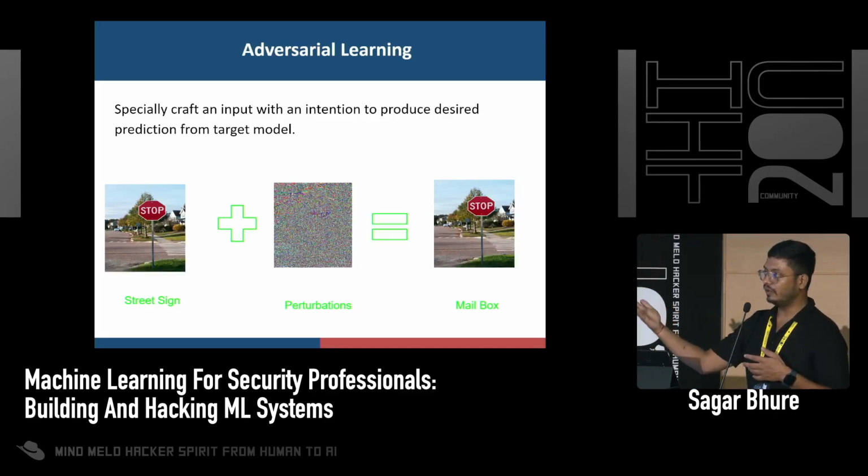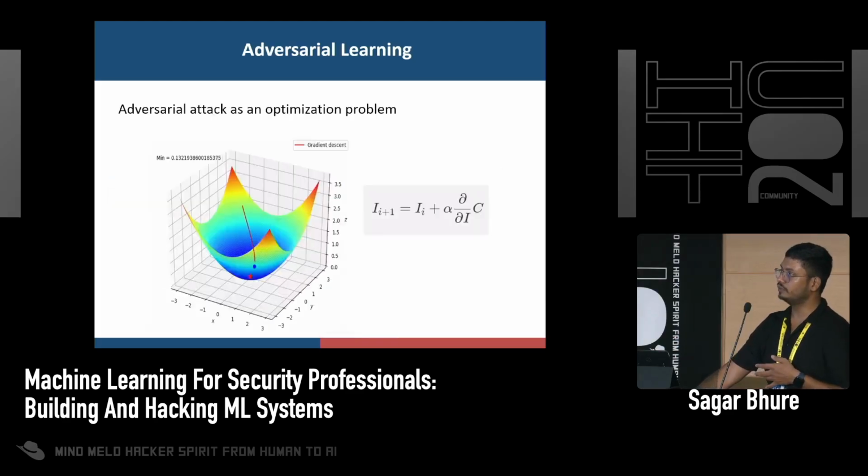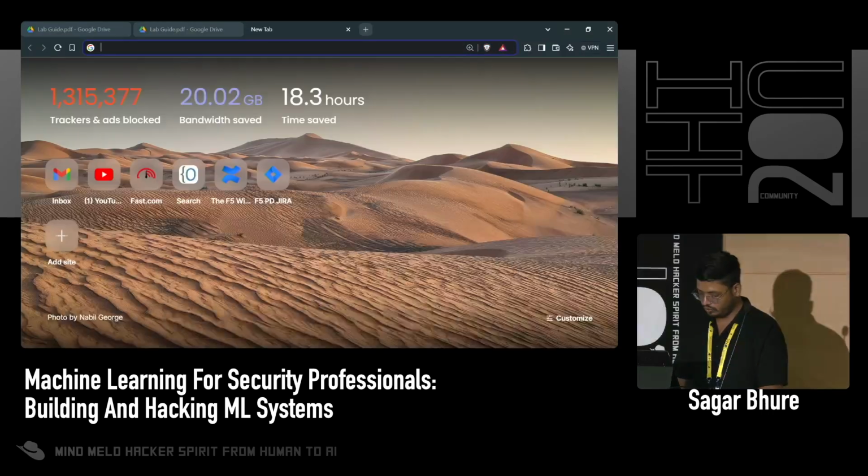So autonomous vehicles are still vulnerable to adversarial attacks. Okay, so we are going to do this demo, which is hosted over here. I'd suggest all of you open this one.